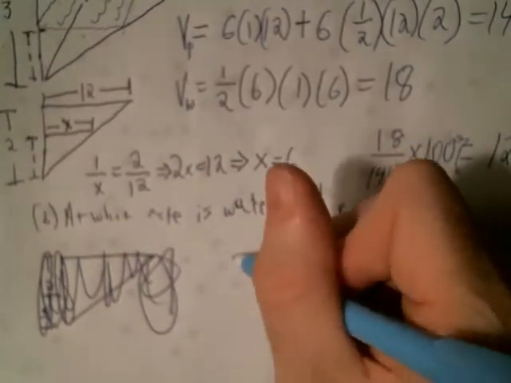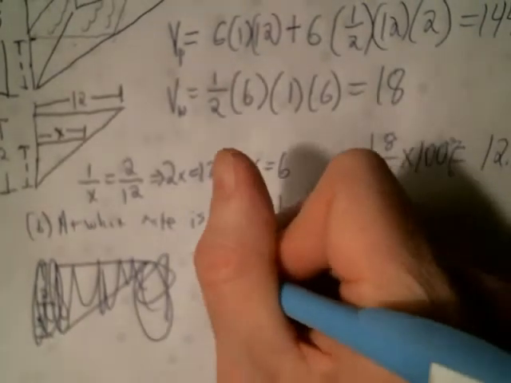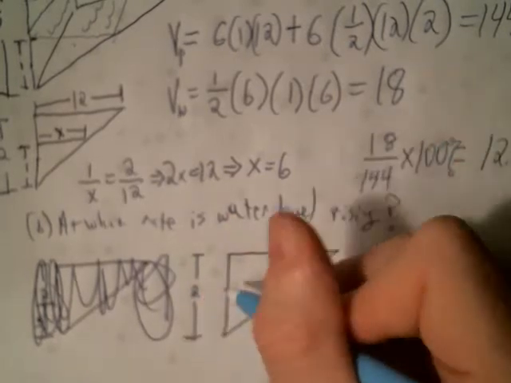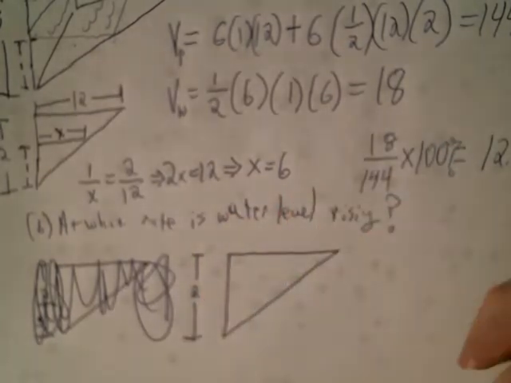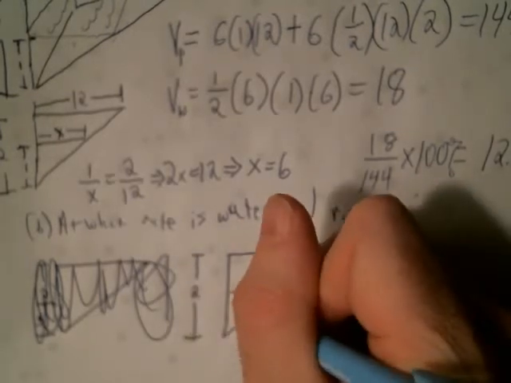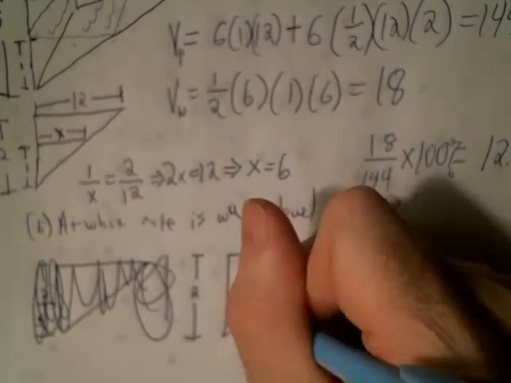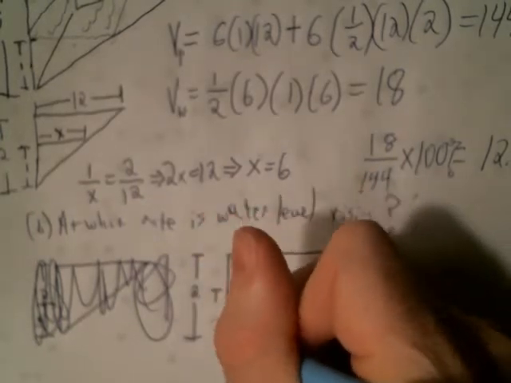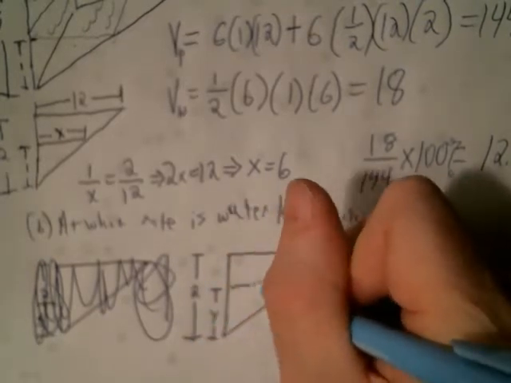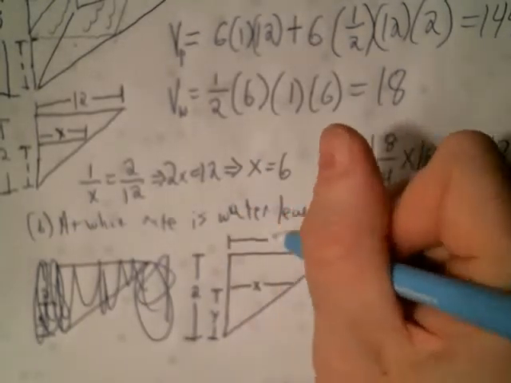Okay, so right now the depth of this triangular region is 2. I need a variable for the water level, and I'm going to call that y. Okay, so this is going to be y. Here this will be, I'll call this x. These are constants. This is 12.